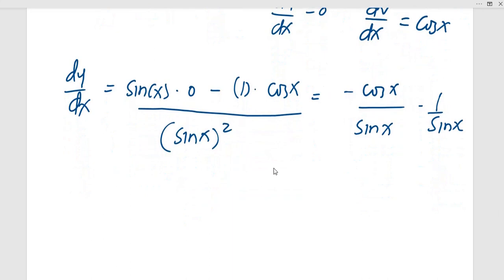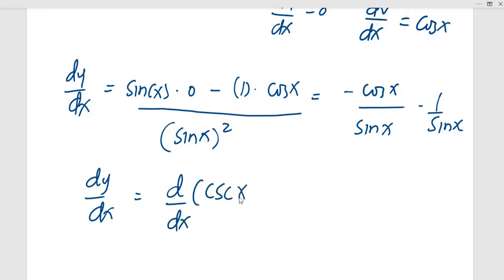It tells us in simple terms that dy dx, which is differentiating with respect to x of cosec x, will equal negative cos x divided by sine x, which is negative cot x, because it is the reciprocal of tan. So this is negative cot x, then times 1 out of sine x, which is cosec x.